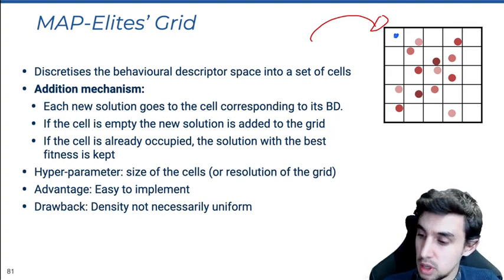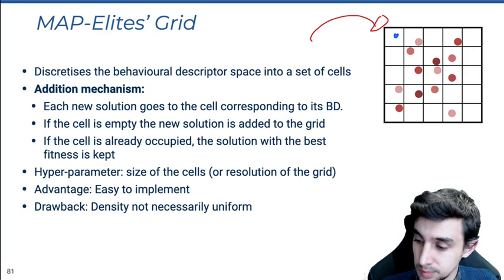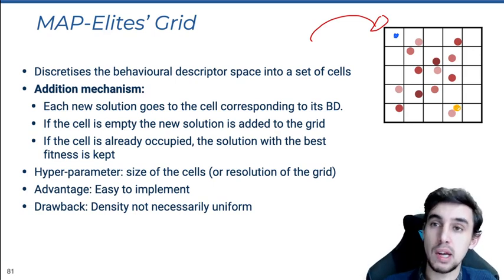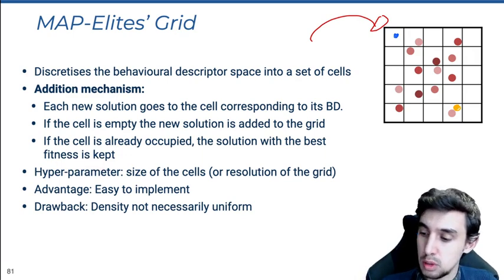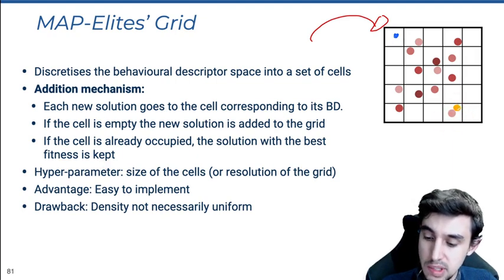But if the solution goes into a cell that is already occupied, in this case we will simply keep the best out of the 2 solutions. Only the best of the 2 solutions that are landing in the same cell is kept. So typically, if my new orange solution is better, we discard the former one and keep the new one.